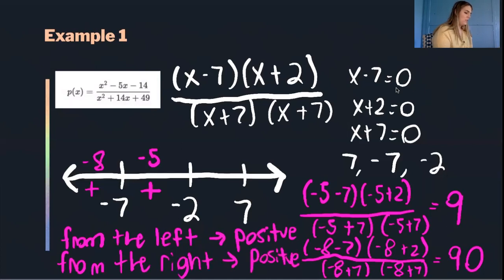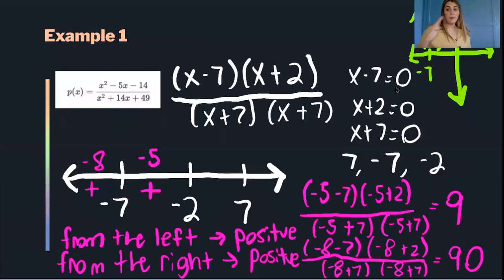So here's a picture of what this would kind of look like. I'm going to do this in the corner up here. If I had negative 7 on the graph, then I know that both of the sides are coming from the positive.